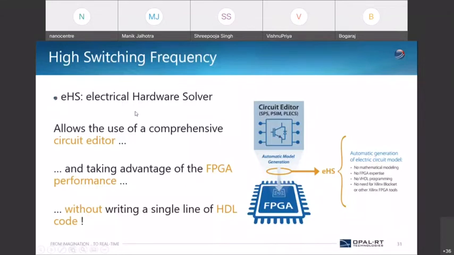It is as simple as that. So into the EHS block, we dump our converter model, so that MATLAB knows the user is trying to tell it to please run that power electronics converter model at a high switching frequency. So this is as simple as that.